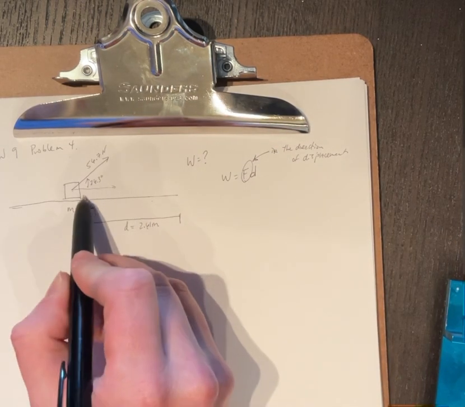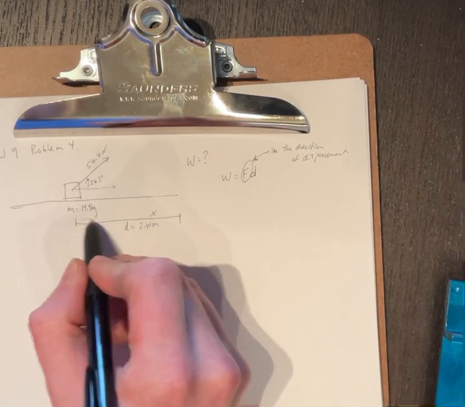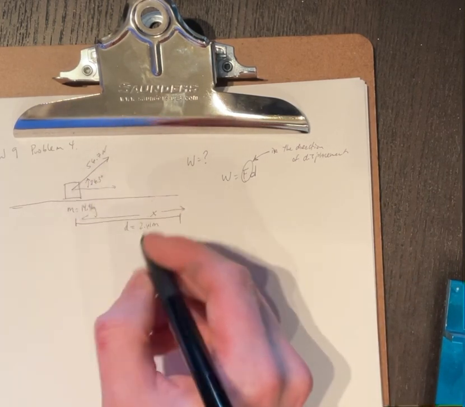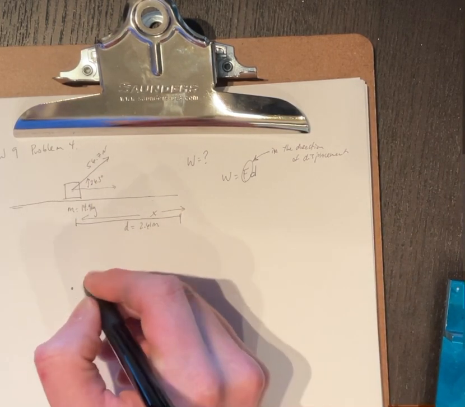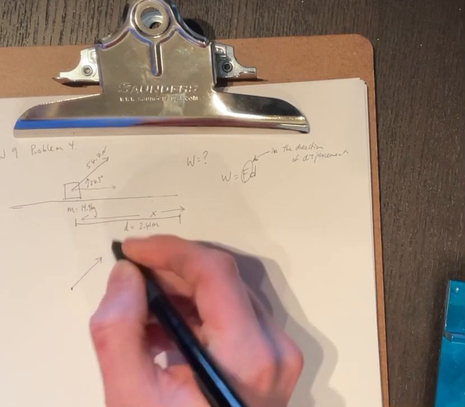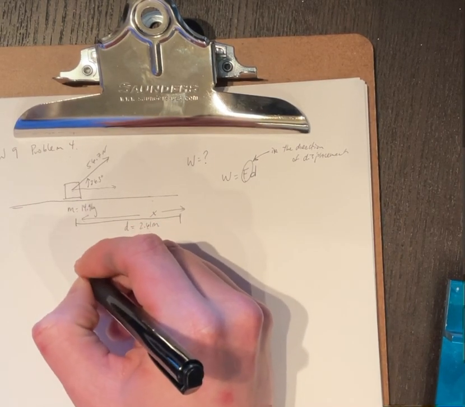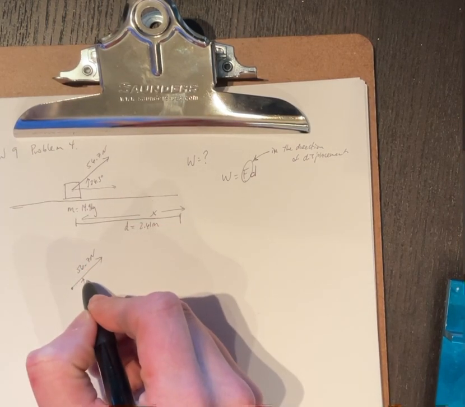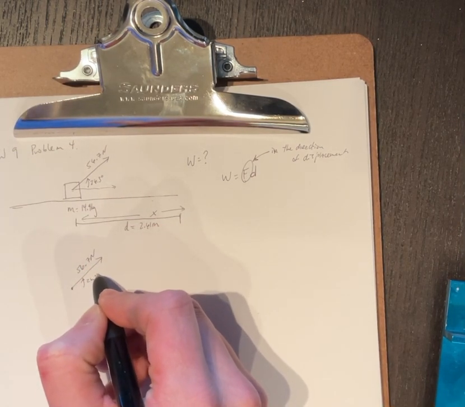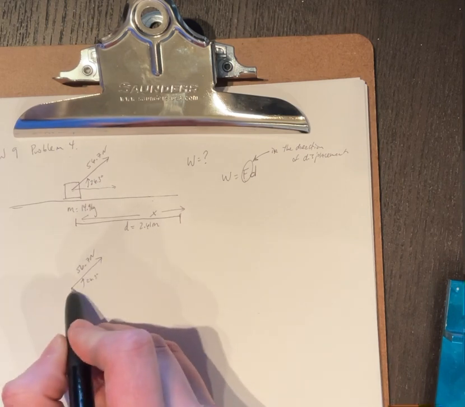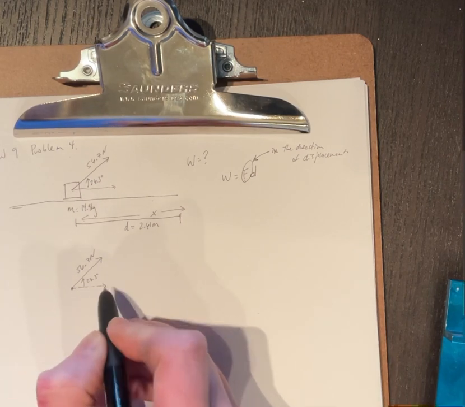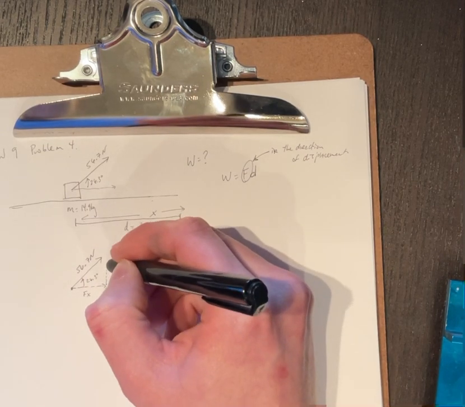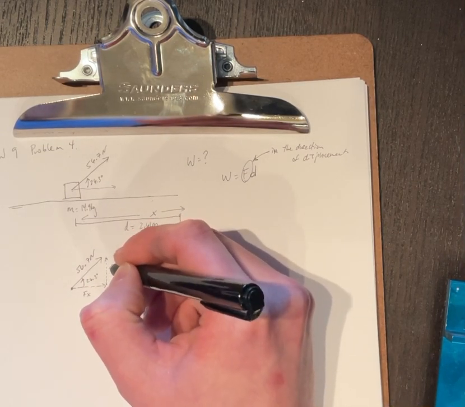And our displacement is purely in the x-axis, right? So we'll draw our free body diagram. This is this force, 56.7 newtons. This is at this angle, 26.3 degrees. So we can break this down into its components. We have an x component, so force in the x, and then we have a y component, the force in the y.